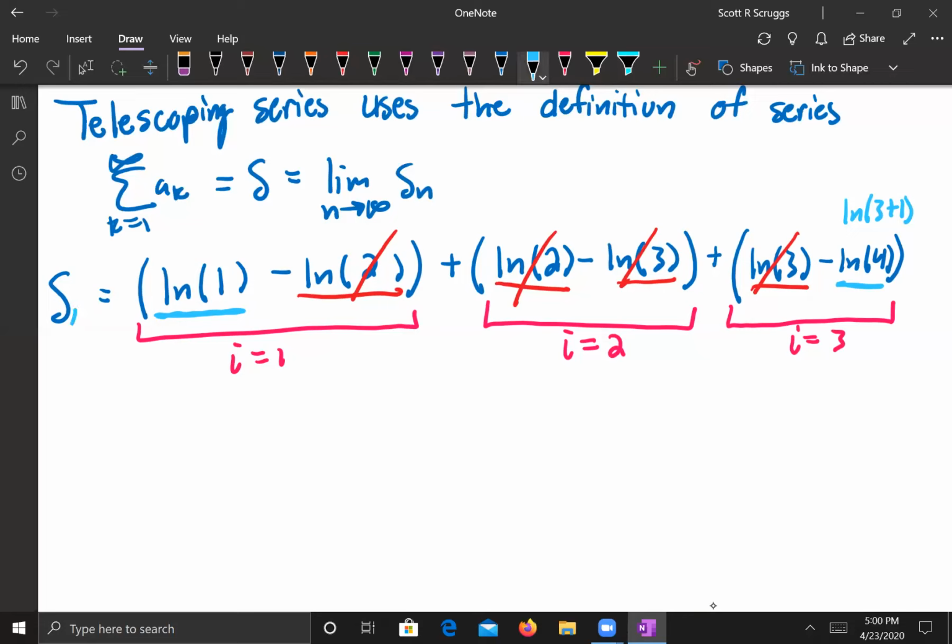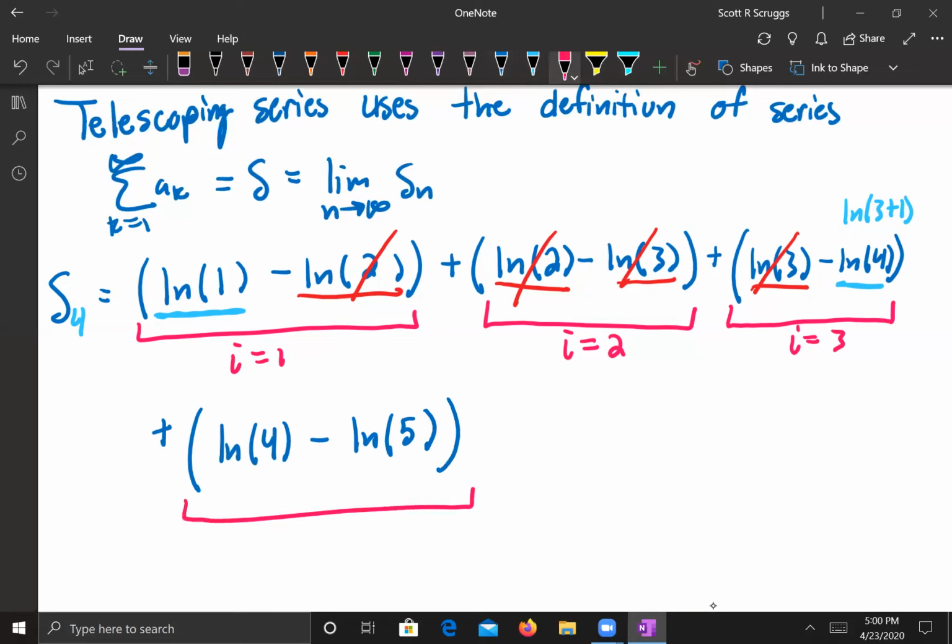Let's see if that's observed again with the fourth partial sum. Now I add what I get when i equals 4: natural log of 4 minus natural log of 5, which is what I get when I plug 4 into i. Now I have a minus natural log of 4 and a plus natural log of 4, so they're gone.